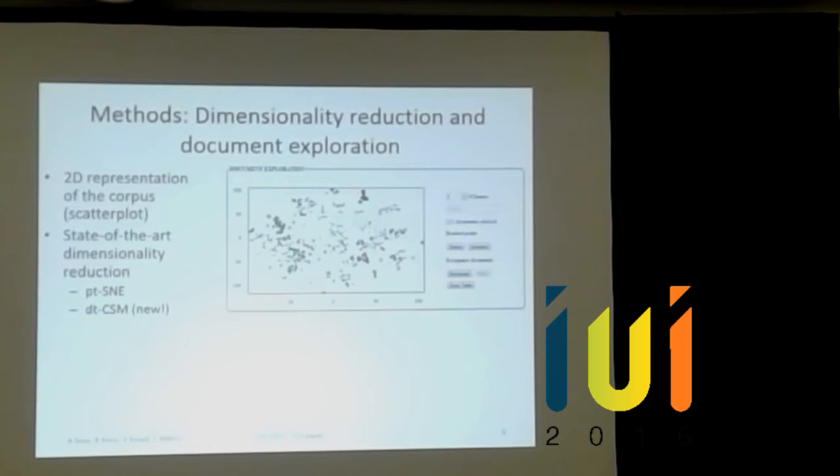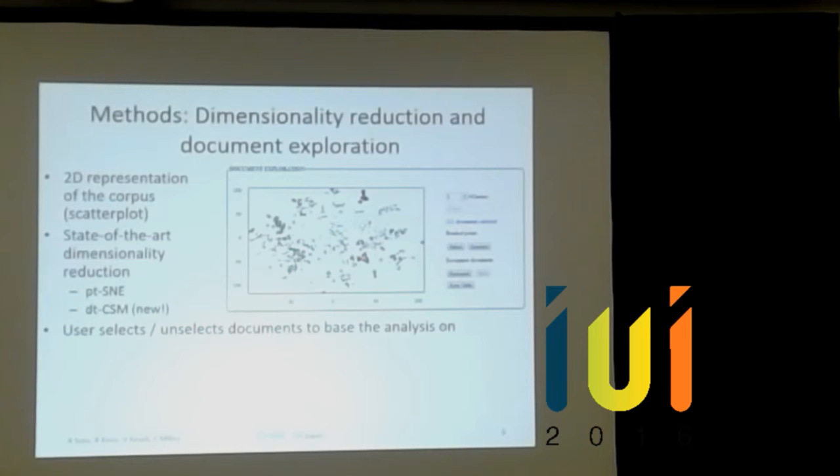Two methods that we use here. One is dimensionality reduction, and methods for supporting document exploration. We have a new method that is embedded in this system based on deep networks for dimensionality reduction down to 2 dimensions. What you see there is a scatter plot based on this low dimensionality.